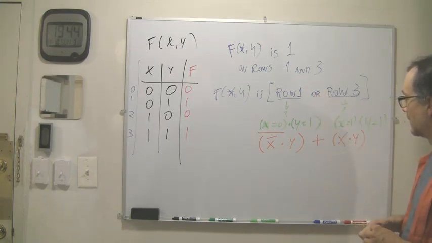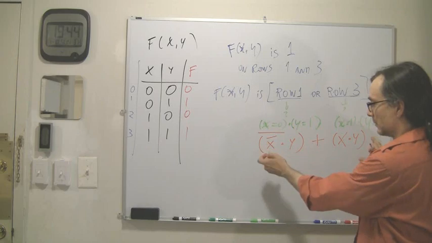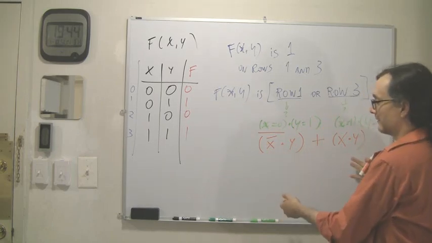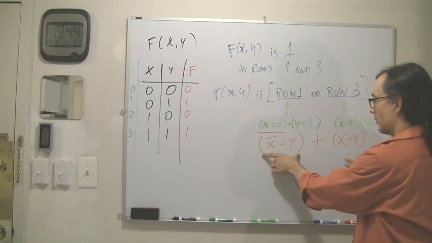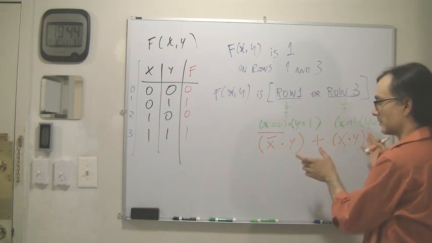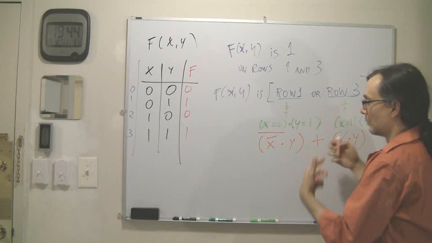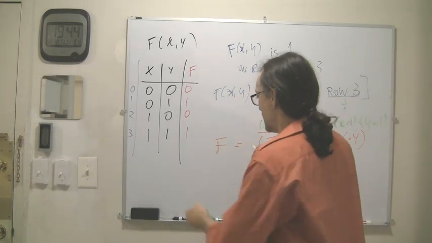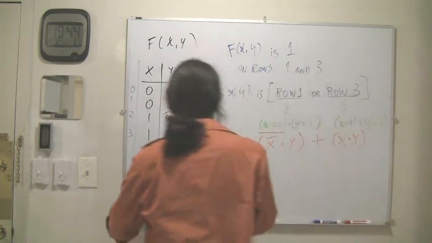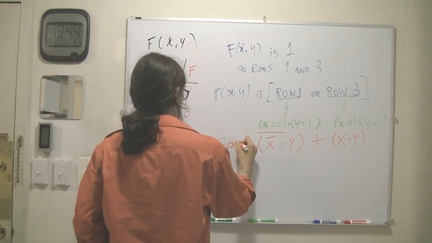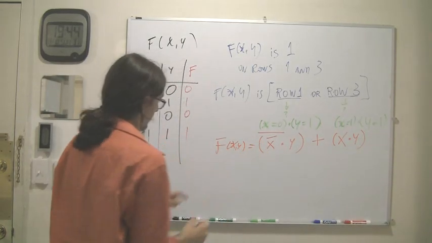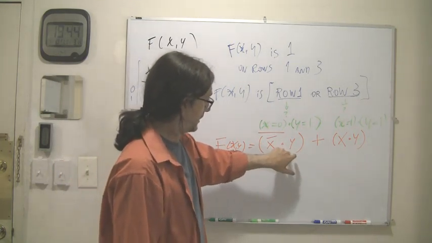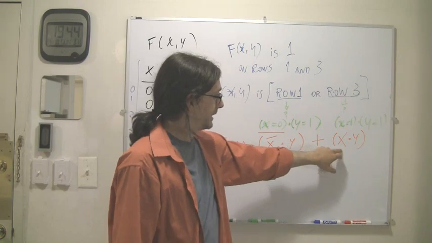Now, if we combine those two with a Boolean addition, that has the same effect as an OR, right? This whole thing here is going to be true if and only if this is true or this is true. Otherwise, it's going to be false. So we managed to write an expression that's all there is in Boolean algebra now. The expression is complete. So f of x y is equal to not x times y plus x times y.